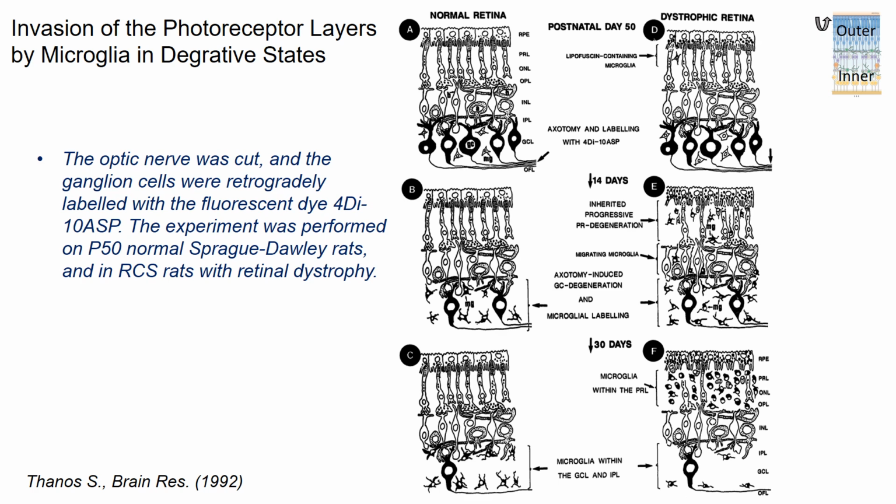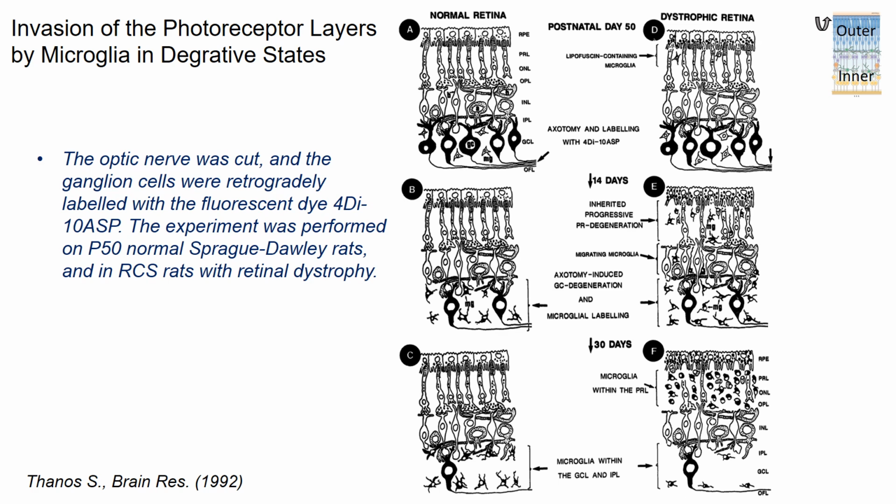Now, in this paper by Thanos in 1992, the RCS model was used, where the axon was cut and retrogradely labeled so that RGCs would subsequently be labeled and eventually die. As they die, microglia in the inner layers of the retina would pick up or phagocytose these cells and thereby themselves become labeled.